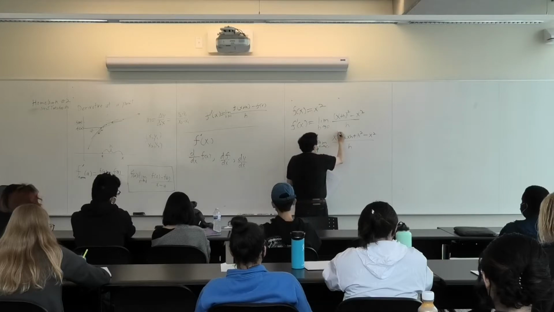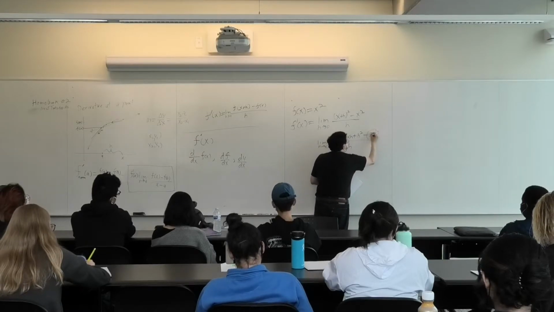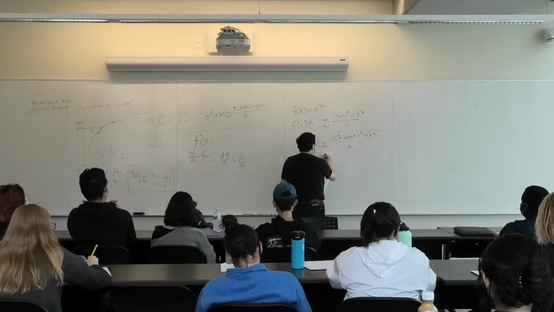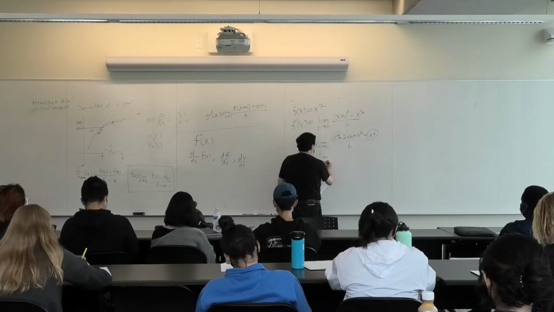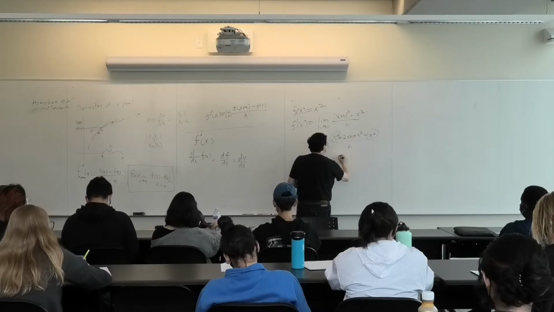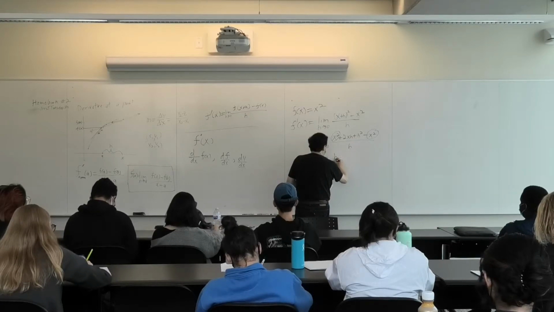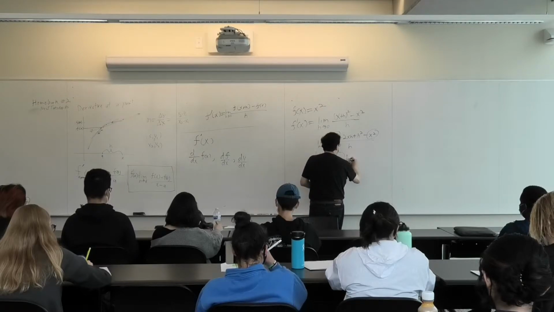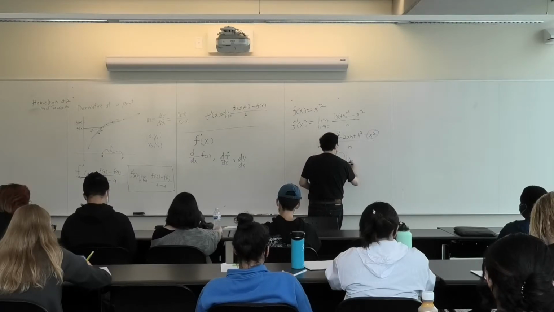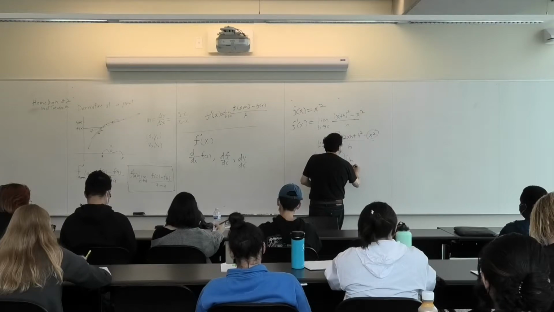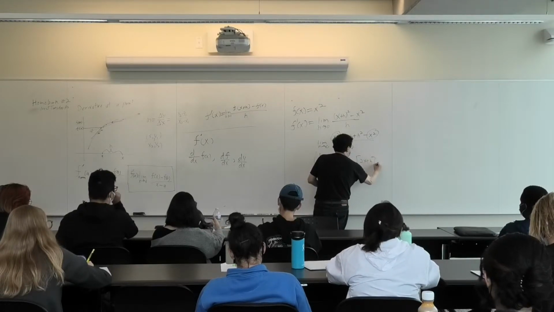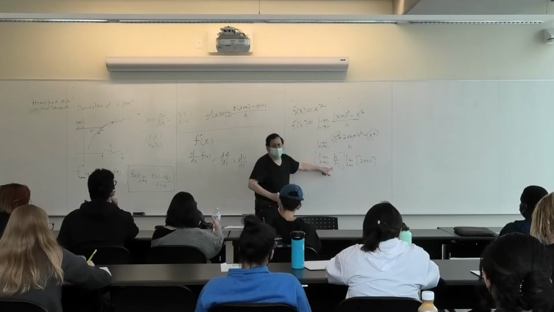Well, this is kind of handy. The x squared terms cancel. And again, we can take out a factor here of h. So now we have the limit of h over h times the limit of 2x plus h. You know this limit, right?